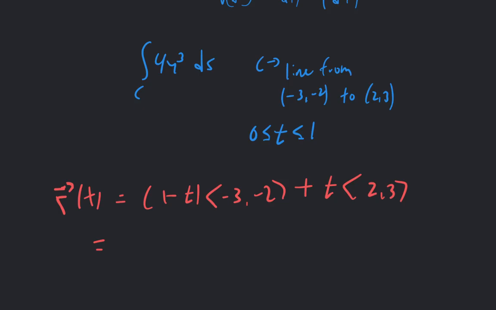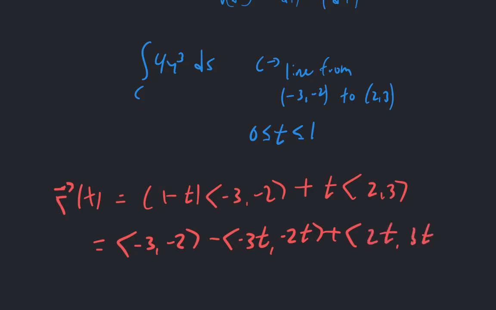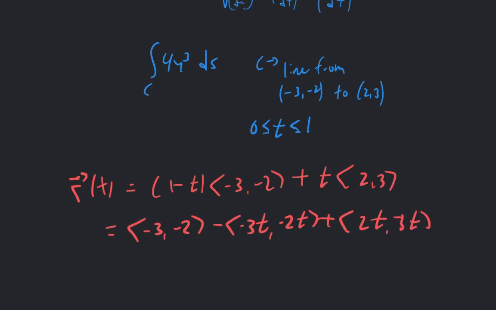And this is -3, -2 minus -3t, -2t plus 2t, 3t. So then we can just combine all the like terms.